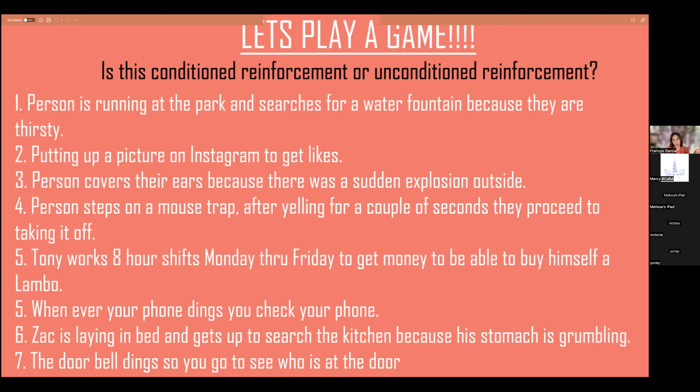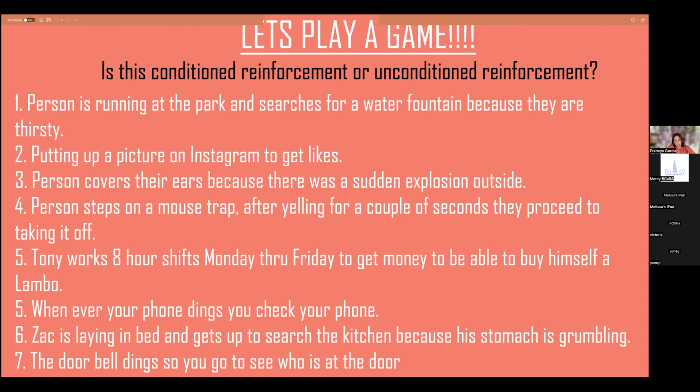Is this conditioned reinforcement or unconditioned? Number 2, putting up a picture on Instagram to get likes. Number 3, a person covers their ears because there was a sudden explosion outside. Number 4, a person steps on a mousetrap, yells for a couple of seconds, and then proceeds to take it off.